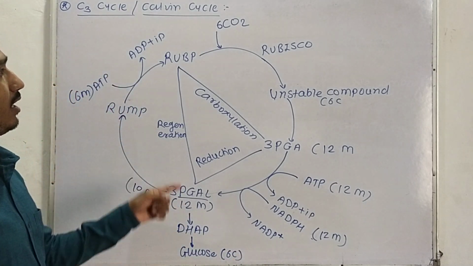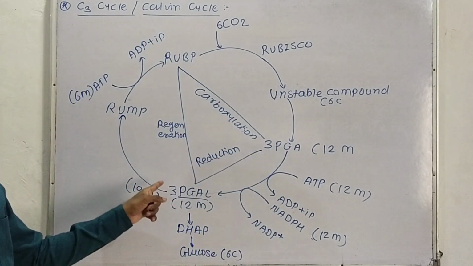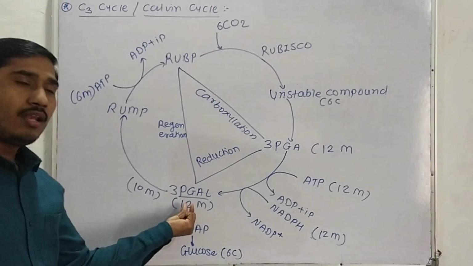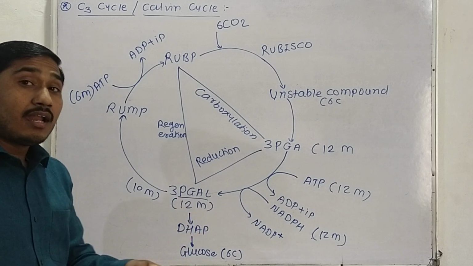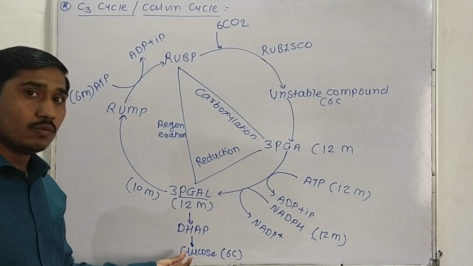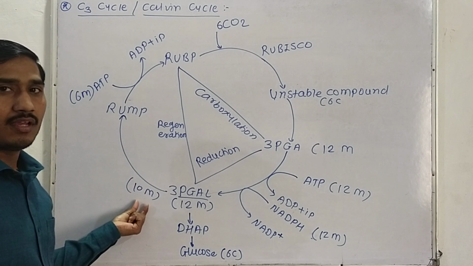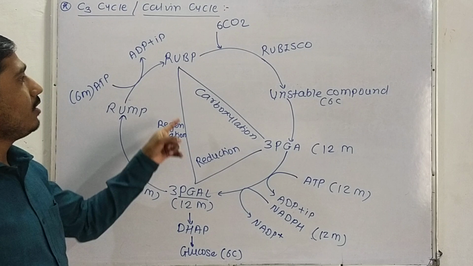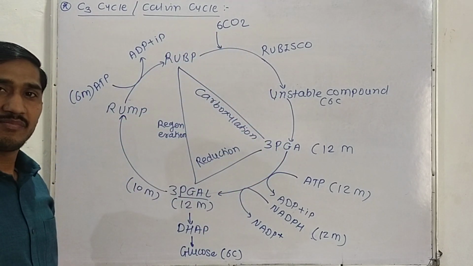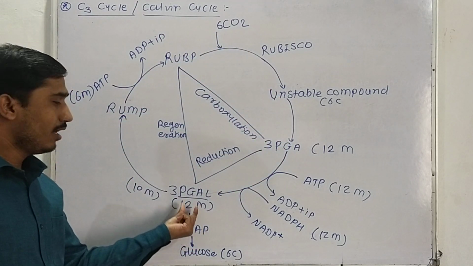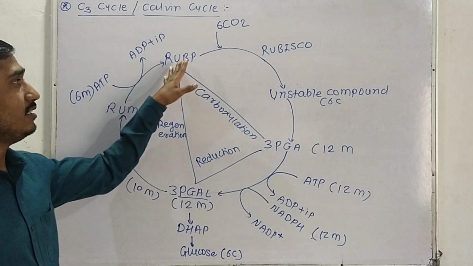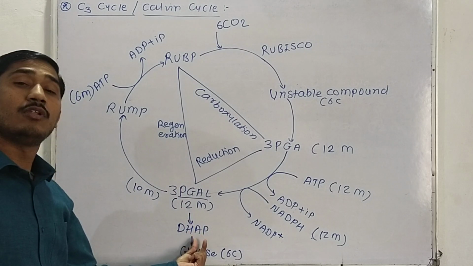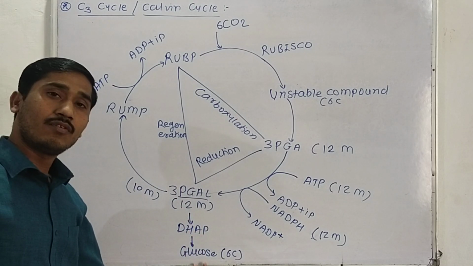In this way, in a cyclic manner, the plant will produce glucose. Actually, the 12 molecules are divided here into 10 and 2. What is the importance here? When RuBP regenerates, only then can this cycle continue. So that's why only some molecules of PGAL are utilized in regeneration for continuation of the cycle, and 2 molecules are utilized in the synthesis of glucose.